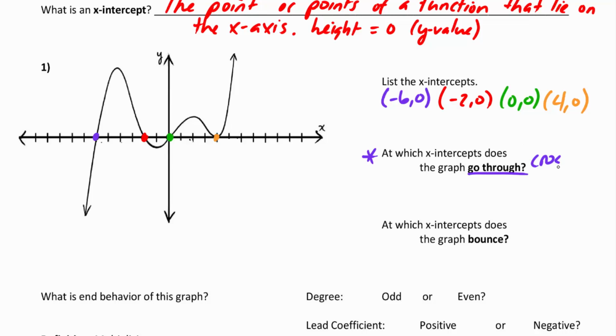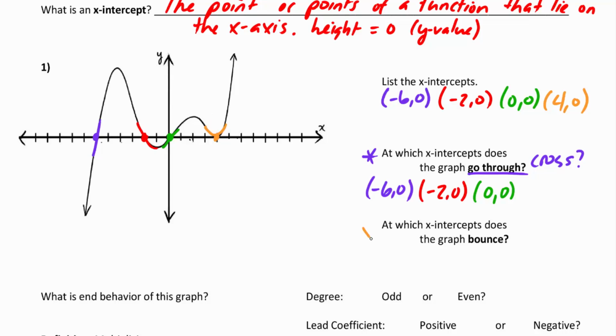Meaning, which x-intercepts do we cross at? Well, if you saw that first one, we cross at -6, 0. We also happen to cross at the next x-intercept, -2, 0. And so I'm just going to write these all out, the ones that cross, because we'll see a pattern here. We cross at 0, 0. And then the last one does not actually cross. This is staying on the same side. It's not passing from positive to negative, from above to below.